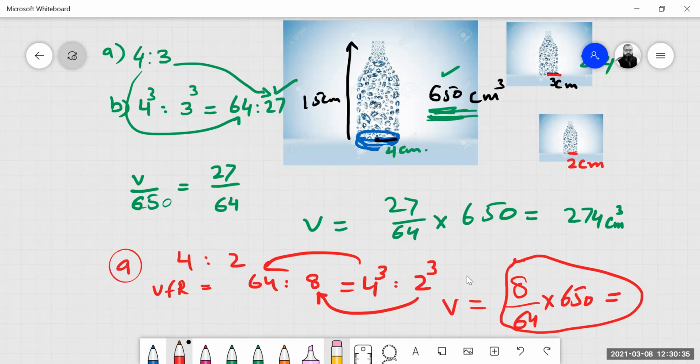It is 81.25. 81.25 centimeter cube. 8 divided by 64, you will get 0.125. Then multiply this by 650. This will be the answer, 81.25 centimeter cube. Understand?